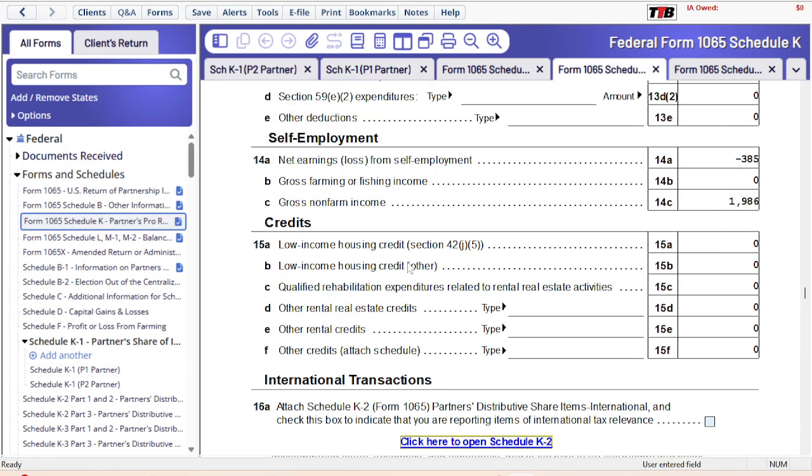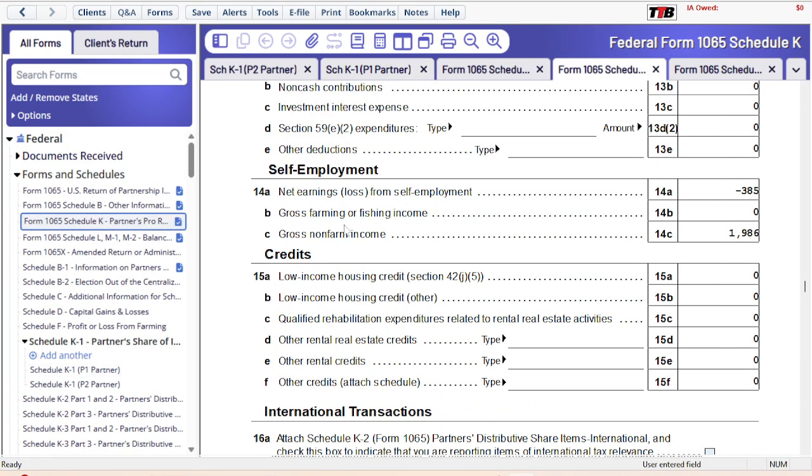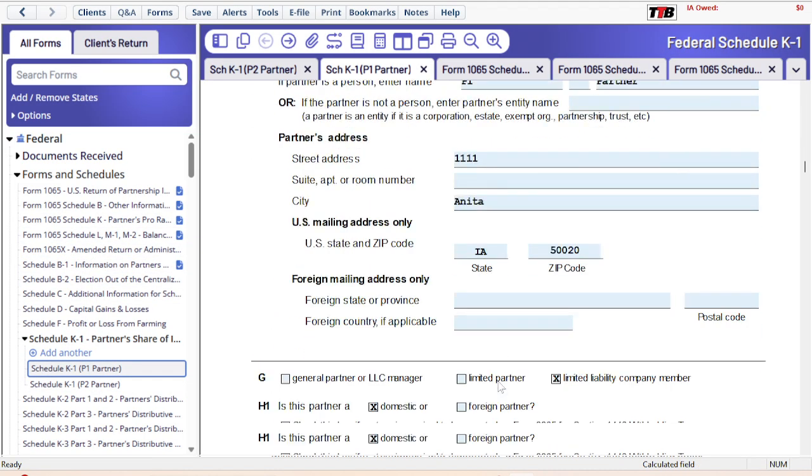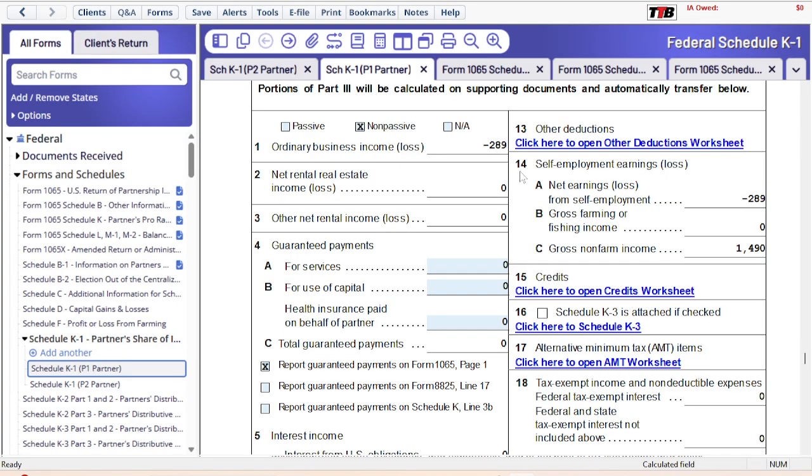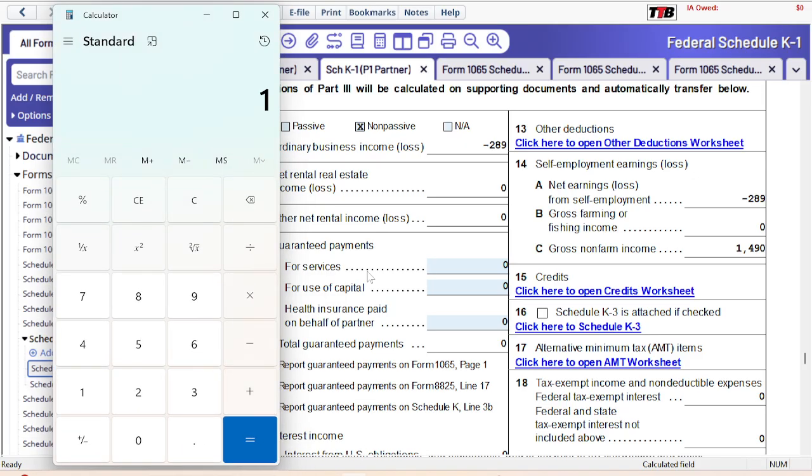And that will be the self-employment section here on Schedule K. That area we will see on Schedule K1 as well. Line 14, so it pretty much multiplies everything by 75%. I don't know if I recall what the gross income was.